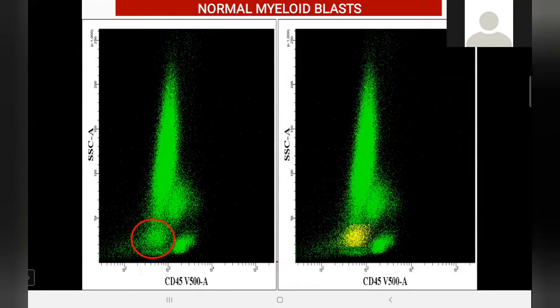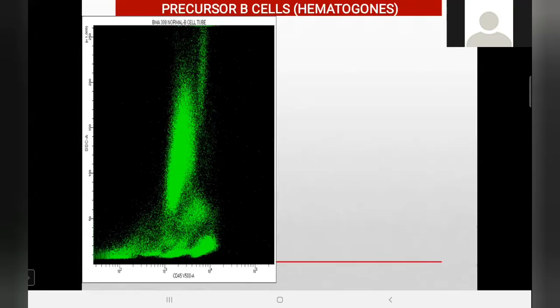Now this is the position where the yellow colored cells are your normal myeloid blast, and they are usually less than 5% in a normal person. All right.